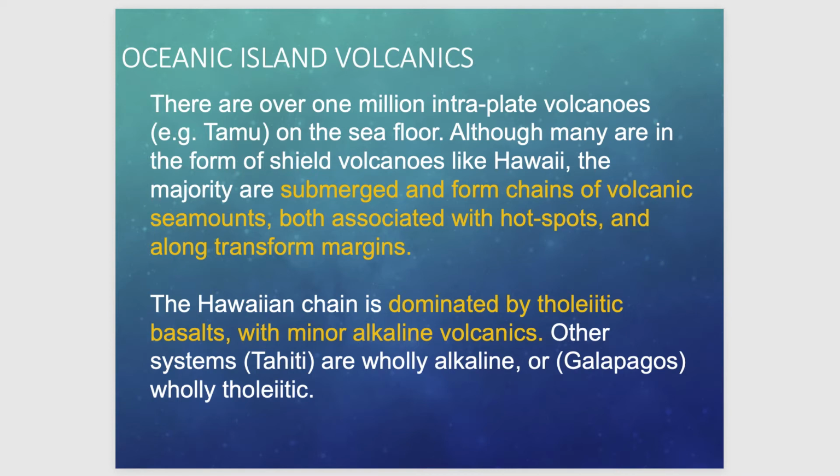The Hawaiian chain is dominated by tholeiitic basalts with minor alkali volcanics, so that's important. This is a magmatic series, and it's well distinguished from the calc-alkaline series.